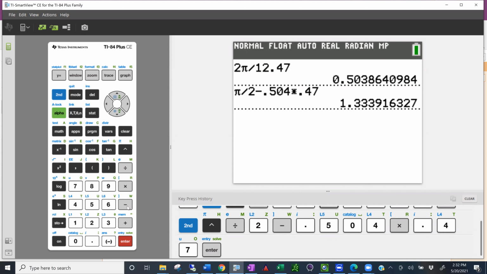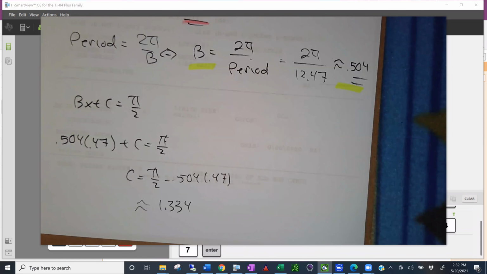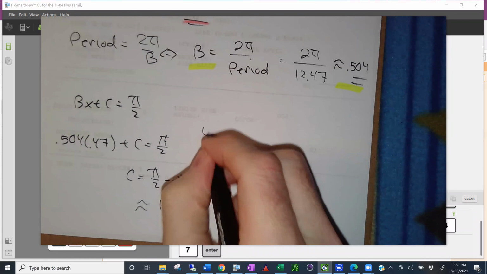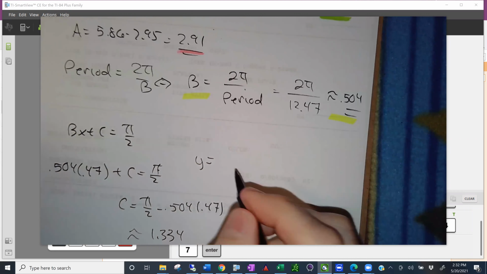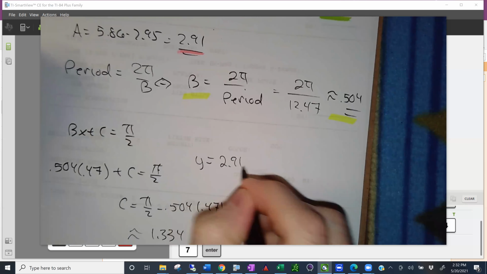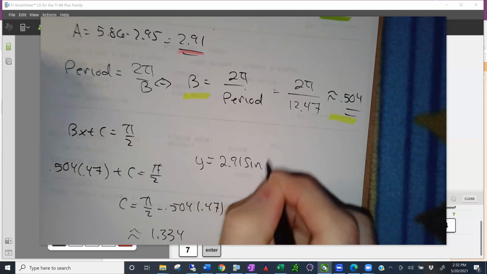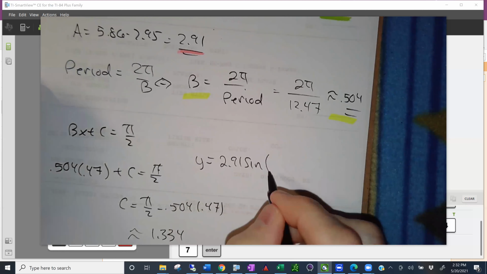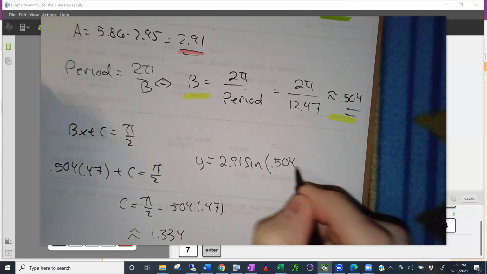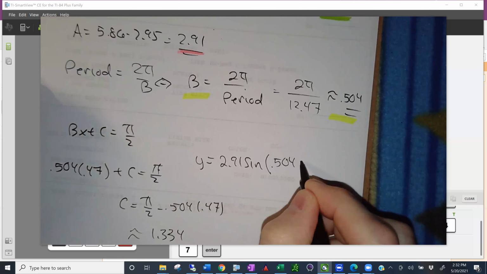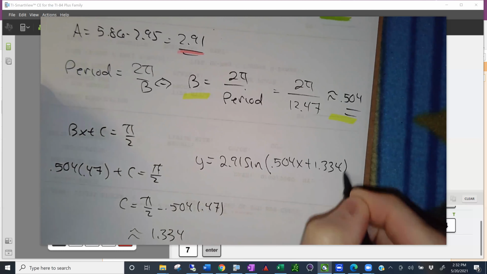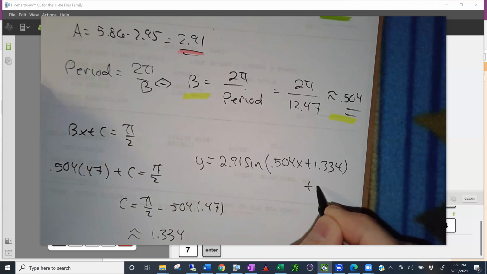That's the last of our values. So let's figure out what the final equation is going to look like. That's going to be y equals 2.91 times sine of 0.504 times x plus 1.334, plus 2.95.